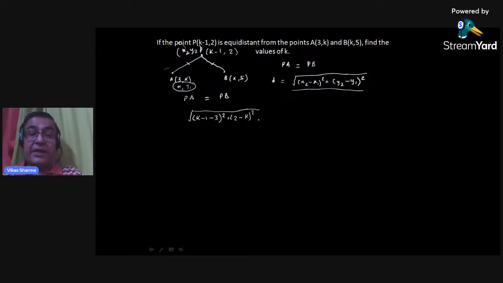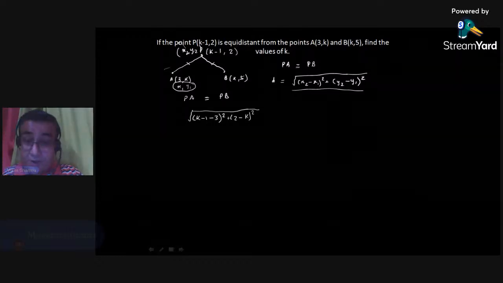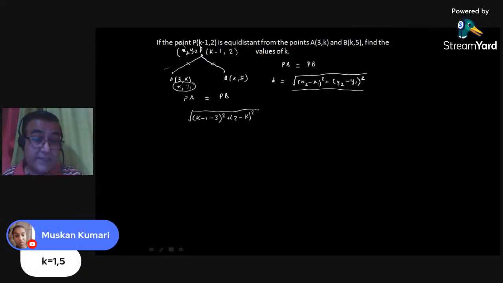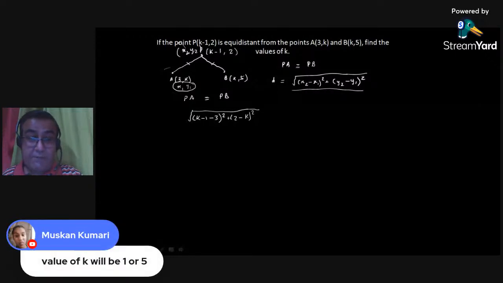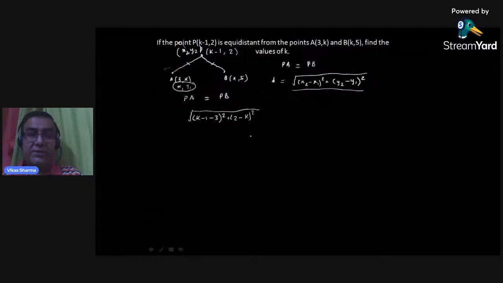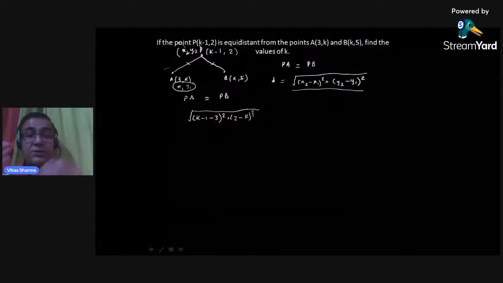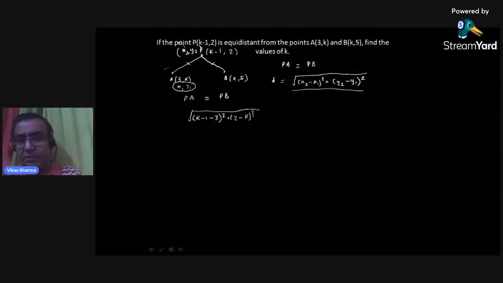Now PA should be equal to PB, right? Okay, Muskan has already given the answer that k is equal to 1 or 5. So the value of k will be 1 or 5. Let's see if this is the right answer or not. Since we have already got the answer, we can afford to go a little faster now. So this should be equal to the distance PB.